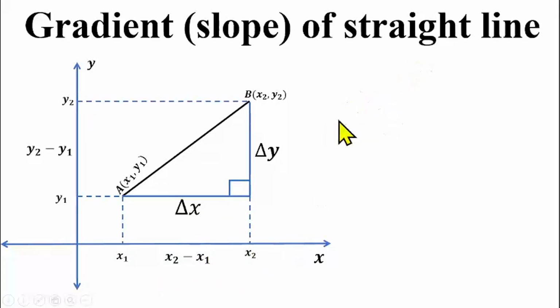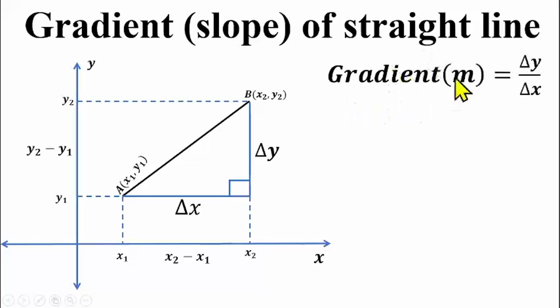Therefore, the variable that represents gradient is m. So gradient is equal to change in y over change in x. That is gradient.